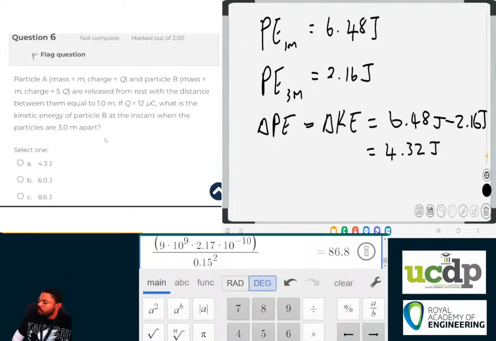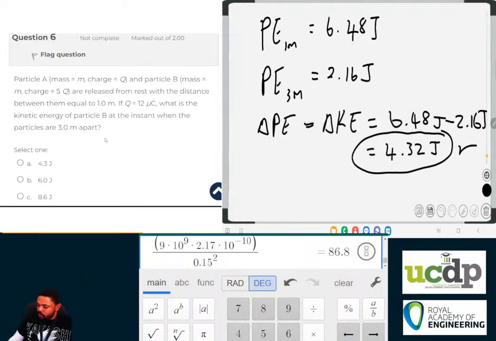Now this is the kinetic energy gained by both of these particles together. Since their masses are exactly the same, although they have different charges, each will gain the same kinetic energy. So we need to divide this kinetic energy by 2.